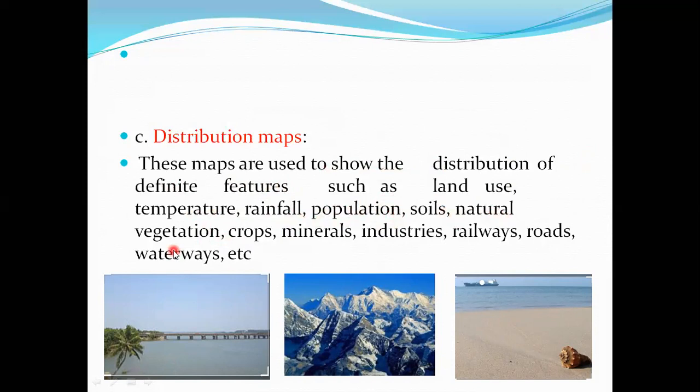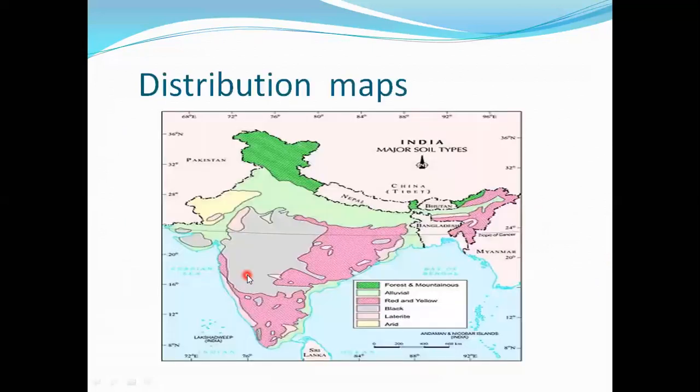Vegetation is nothing but plant life, crops, minerals, industries, railways, roads, waterways, etc. These are the things we can see in the distribution map, children.